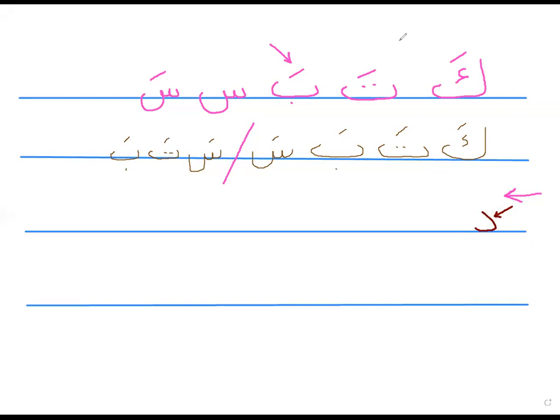So if you think of a square, let me show you quickly. If you think of a square like that, then your dal should be like this. You see? So it's all on the line. The bottom of it is on the line. The top of it is diagonal. And this is how the dal looks.